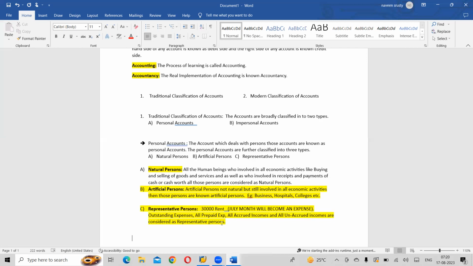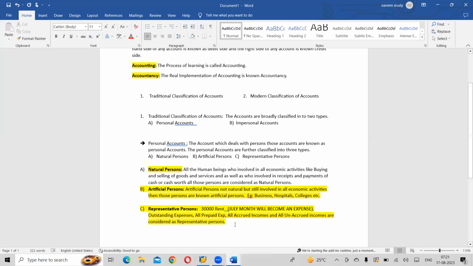For that particular month, it will be an expense. But if we crossed that particular month, that particular year, and still we have not paid them, then it will become from expense to liability. To whom we need to pay? To the employees, right? Employees are natural persons.